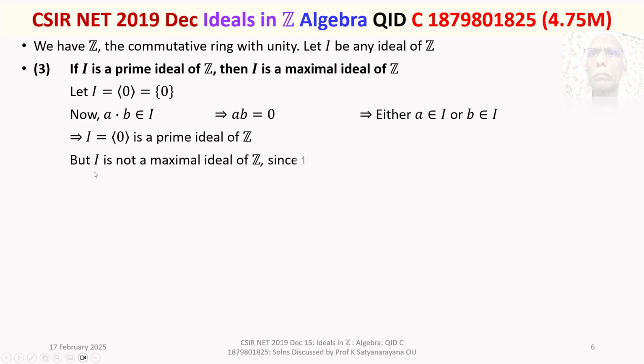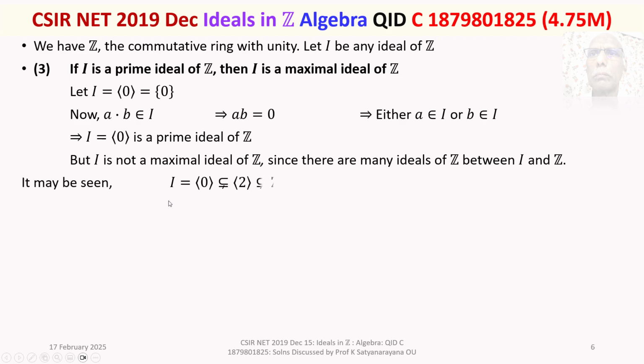But is I a maximal ideal of Z? No, because there are many ideals properly in between I and Z. For example, the ideal generated by 2 is a proper subideal of Z, and the ideal 0 is properly contained in the ideal generated by 2.